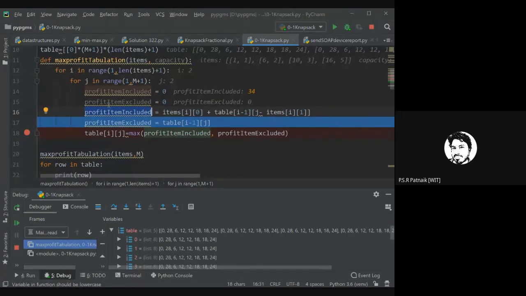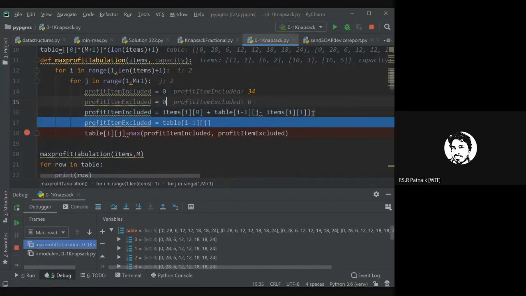Are you getting what condition we have missed? I am always calculating this. Should we always calculate profit for including? No. Why? Because if the weight of the current item is more than the current capacity being considered, is there any scope of including that object?